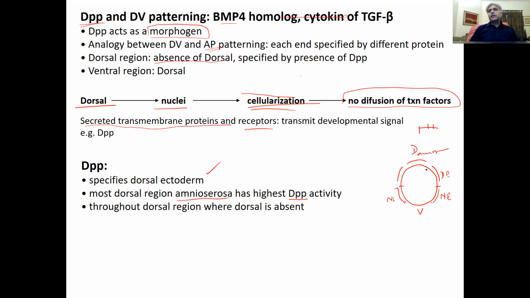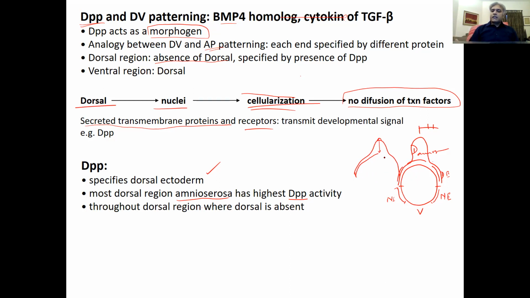If we try to see the concentration of DPP, it goes like this, and then like this, a peak, and like this. So this is the concentration of DPP, from least to maximum. This is the maximum concentration of DPP.